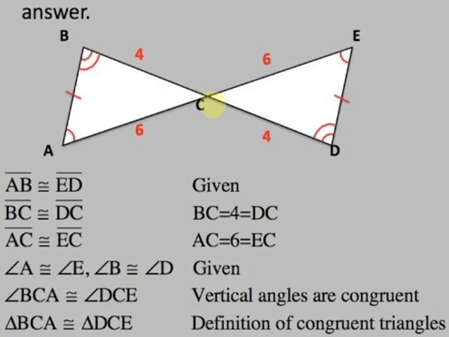Because the vertical angles are congruent using the vertical angles theorem, we know that angle BCA is congruent to angle DCE. So now we've just proven that all 6 parts of these triangles are congruent. So by the definition of congruent triangles, we can safely say that triangle BCA is congruent to triangle DCE.